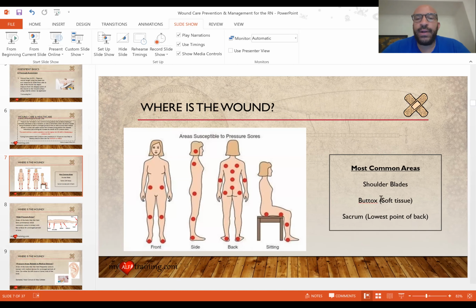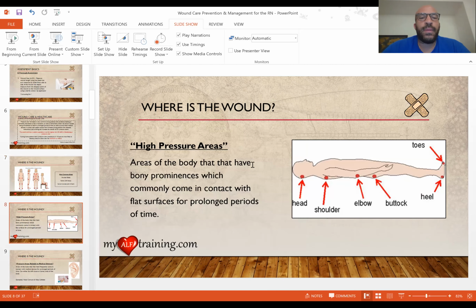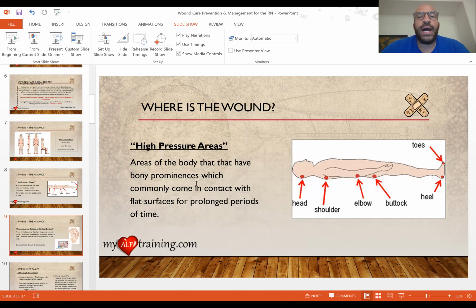The most common areas would be shoulder blades, buttocks, the sacrum. Specifically, we talked about the spine, the soft tissues of the butt, the different positions and areas of high pressure to note.